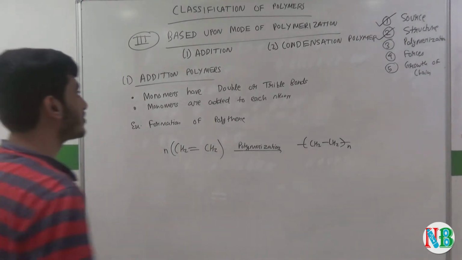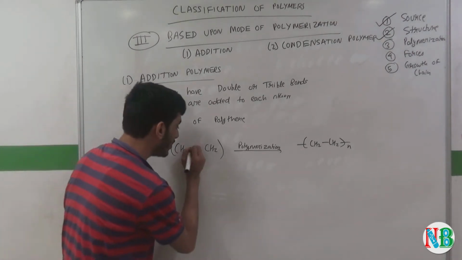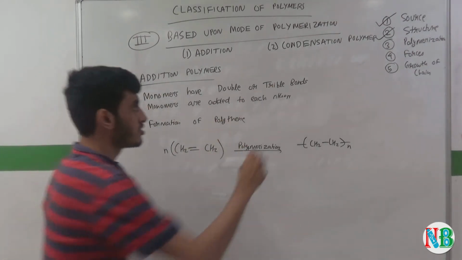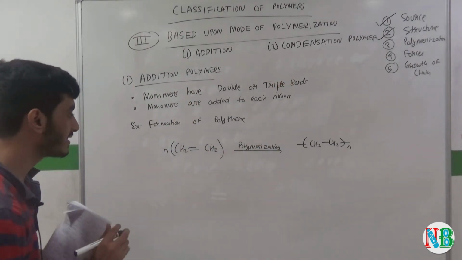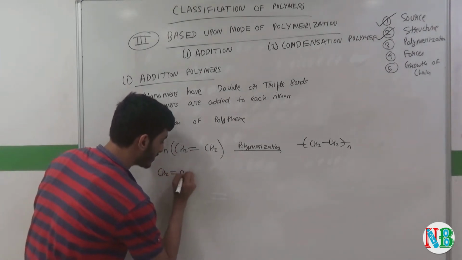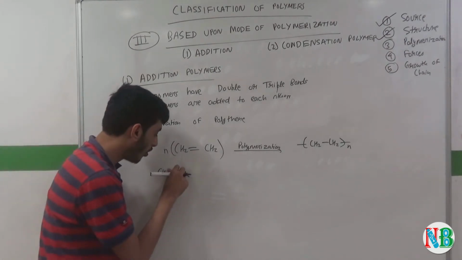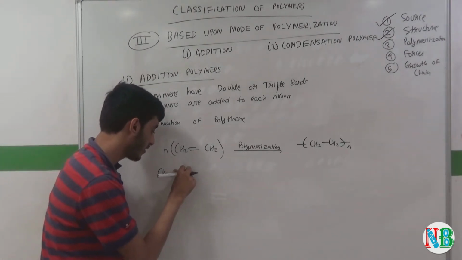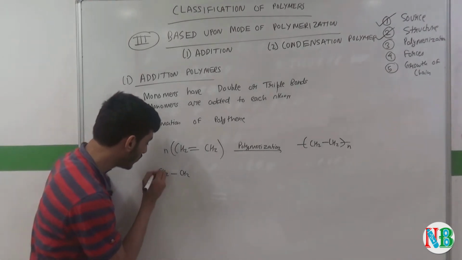In these kinds of types, you should either have a double bond or a triple bond. Suppose you consider a single ethene molecule. You have to break one bond and you have to form two.